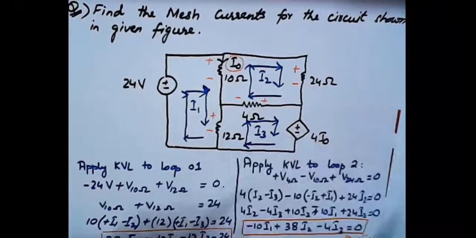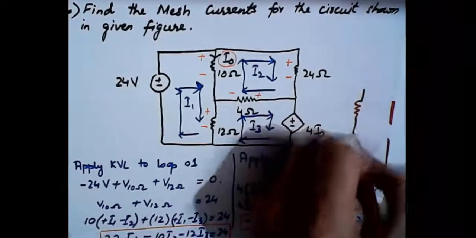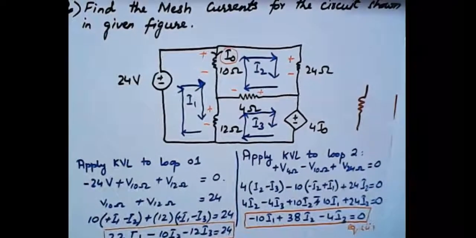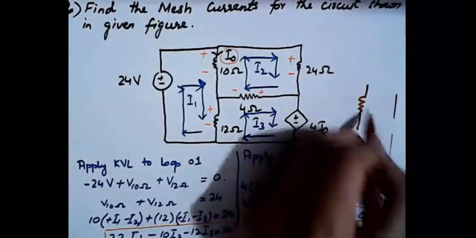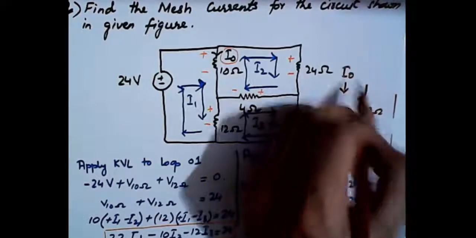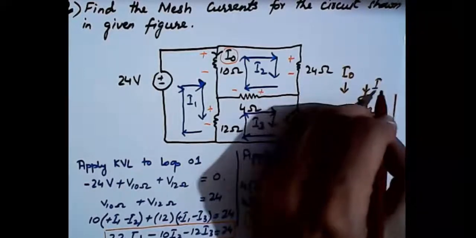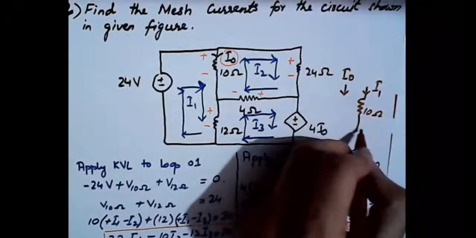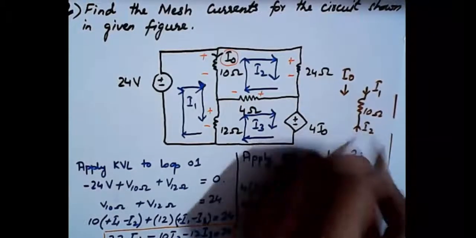So if I draw the 10 ohm resistance separately, we can see that here this current is I0, this current is I1, and this current is I2. So what will be I0?